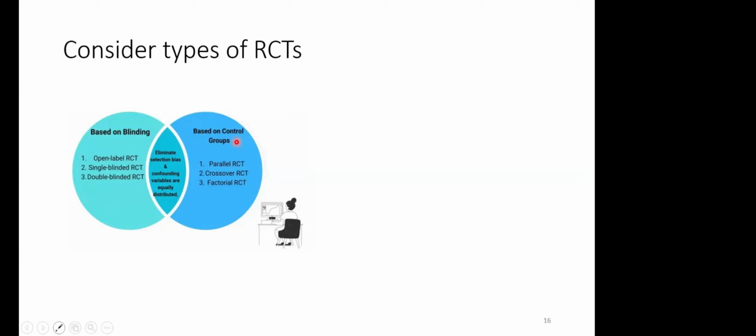And then we can have a crossover RCT. In a crossover RCT, we have a group of patients. We give them, say, the intervention drug for a period of time, say 4 weeks. Then after 4 weeks, there's a brief period, say 1 week, called the washout period, that is meant to allow the effects of the drug to wear off.